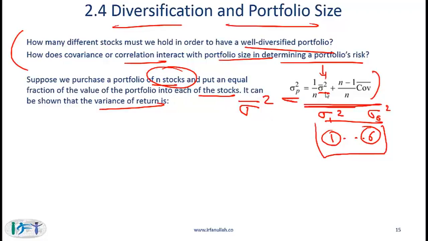What do you think happens to this formula as n becomes very large? So as n starts moving towards infinity, what happens to this expression? Notice that this cancels out if n becomes very large, and this becomes essentially 1. So then the variance of the portfolio simply becomes equal to the average covariance. All right, so this is one fact.